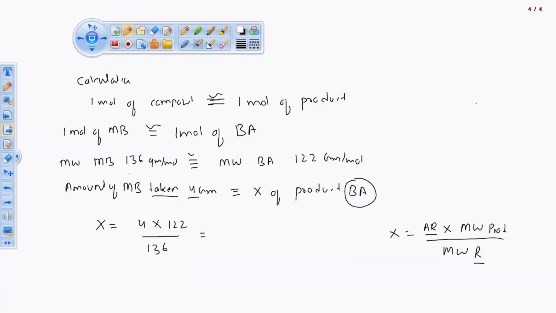The molecular weight of reactant क्या है अपने पास 136, अमाउंट ऑफ रिएक्टेंट क्या लिया आपने 4 ग्राम, प्रोडक्ट कितना बन रहा है 122, इसका पता नहीं हमको, मल्टीप्लाइड बाय दिस एंड डिवाइडेड बाय 136.